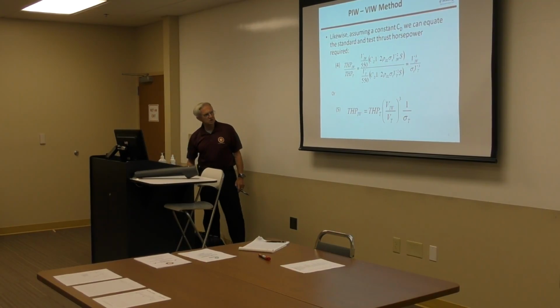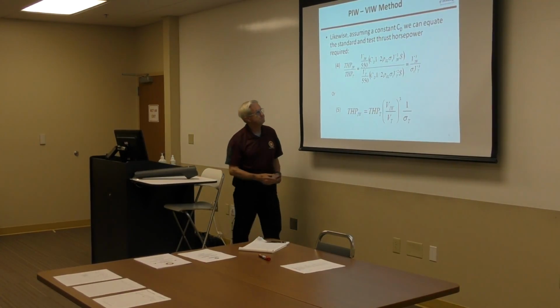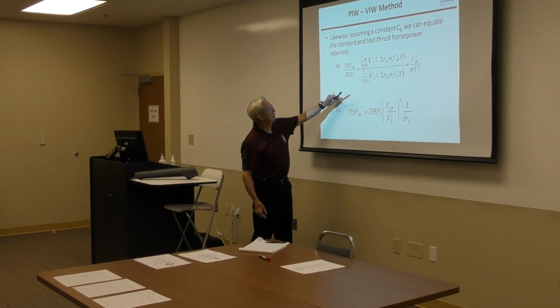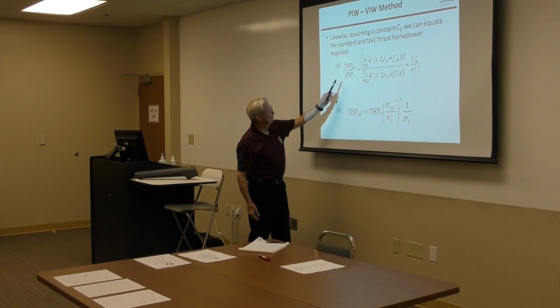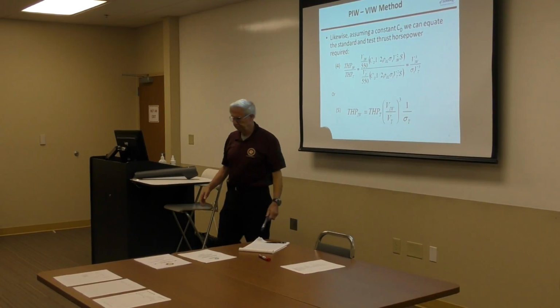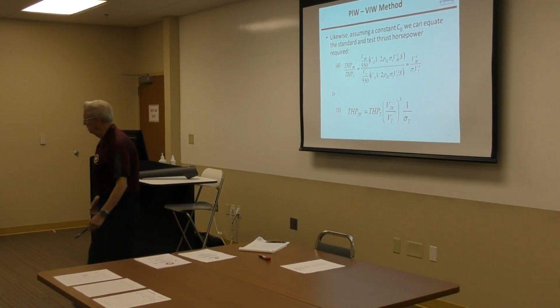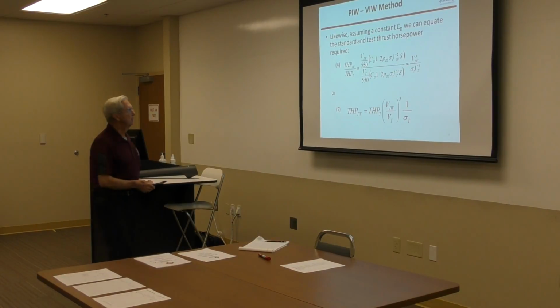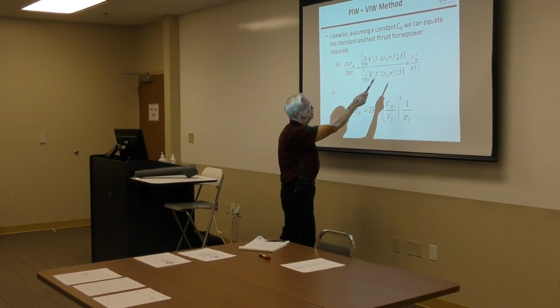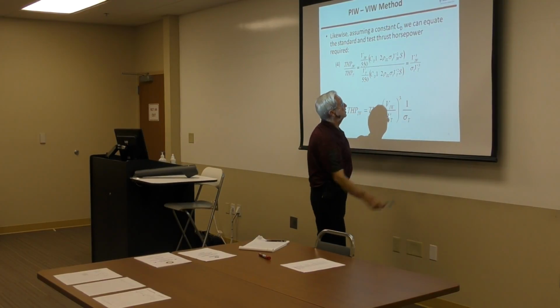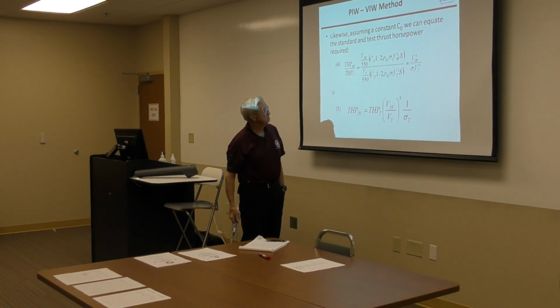And then if we solve this thrust horsepower, we'll call it thrust horsepower IW, and before long we're just going to call it power IW or PIW. Okay. But anyway, we put those each over each other and we do some cancellations and we come up with this term.